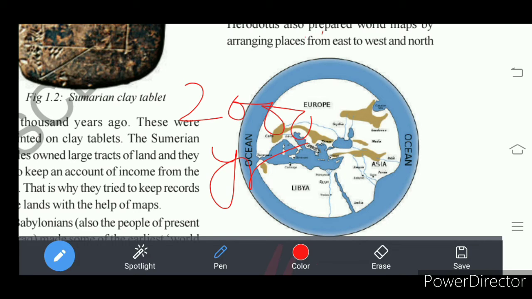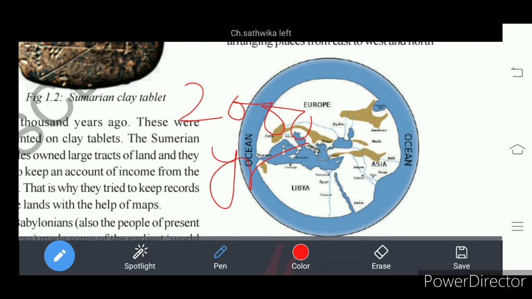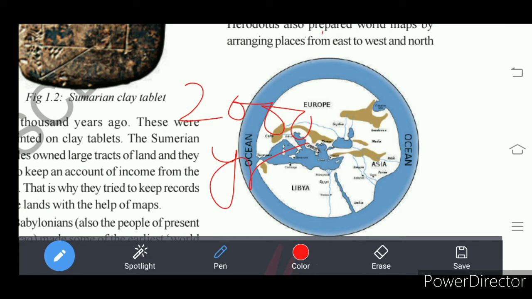But locating places on the maps with the help of these latitudes and longitudes became easy and useful for the travelers and the sailors who traveled on the ocean to different places for their trade purposes.